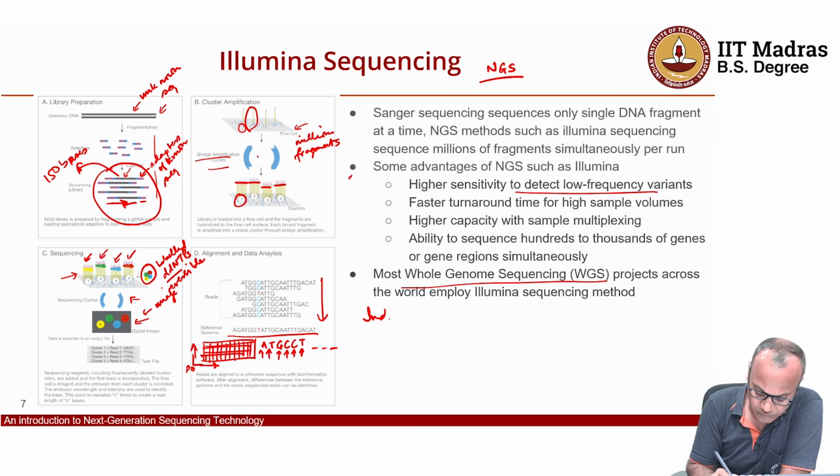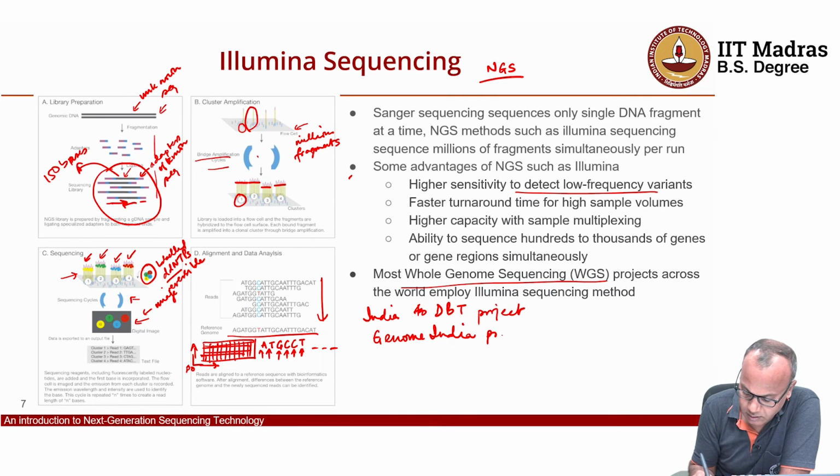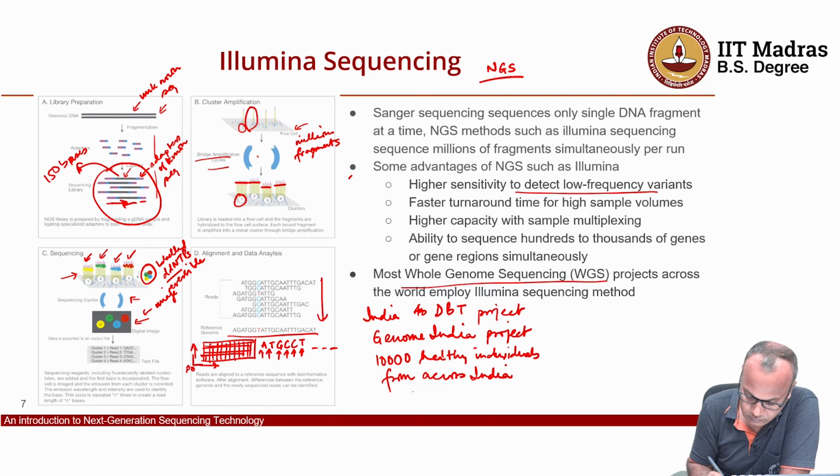So in India, just for information, the Government of India through a DBT project, which is a Department of Biotechnology project, has initiated what is called the Genome India Project, where we are sequencing 10,000 healthy individuals from across India representing different ethnic groups.